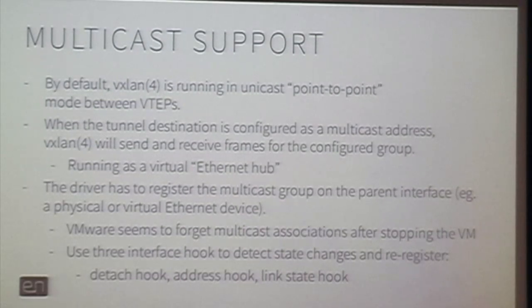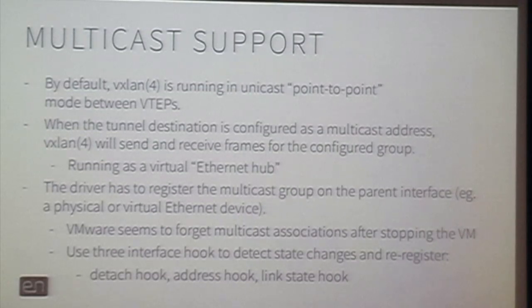So the driver has to register the multicast group on the parent interface, and this is a little bit tricky because we don't have a real network interface, or it's not even a virtual Ethernet interface. It's typically running on top of another interface.